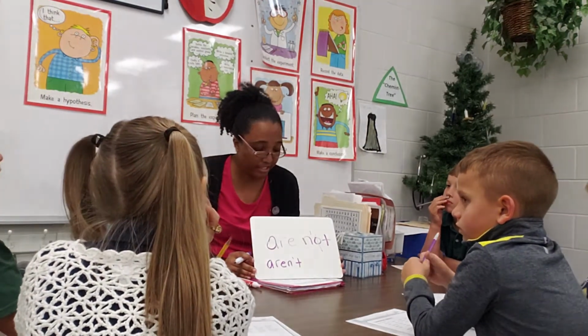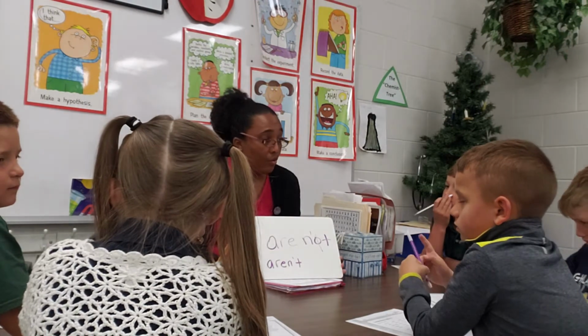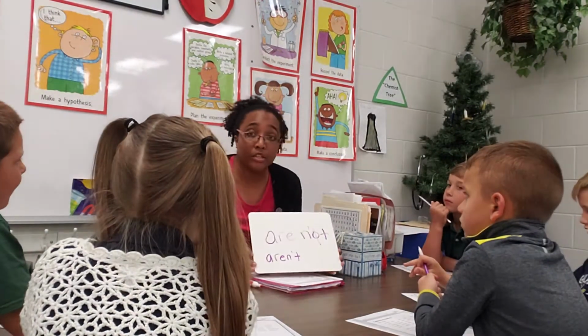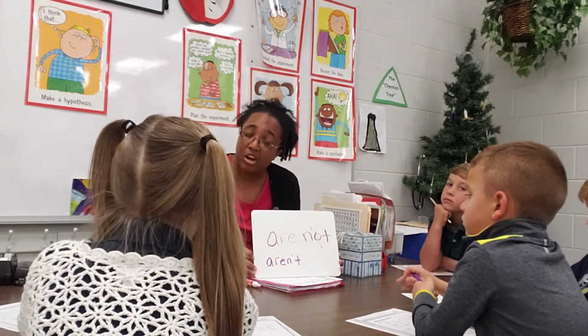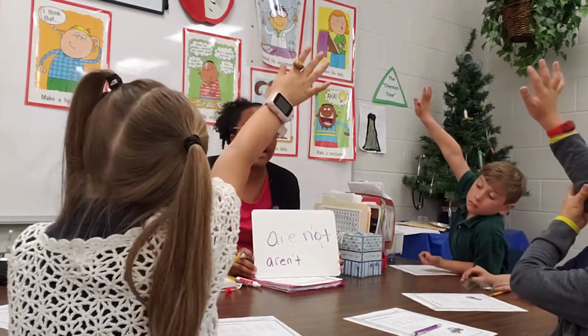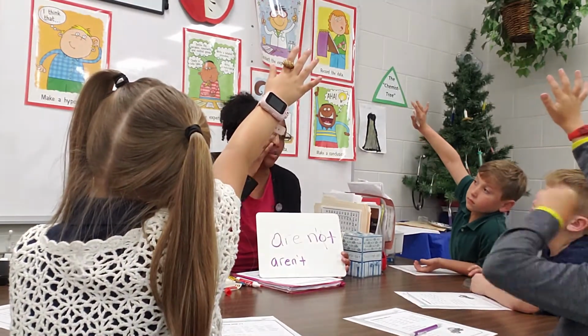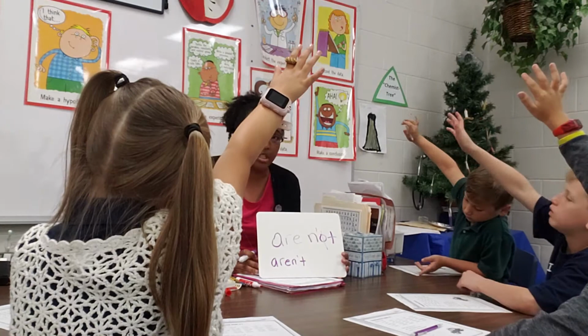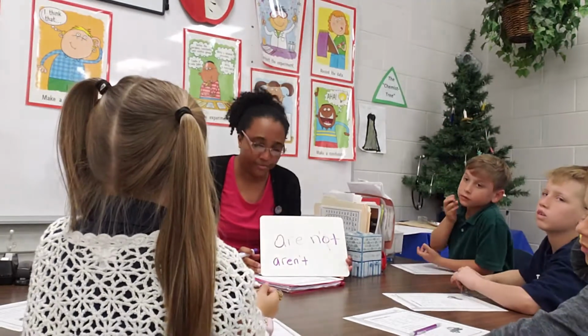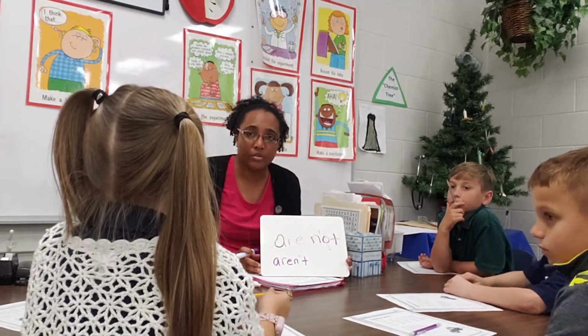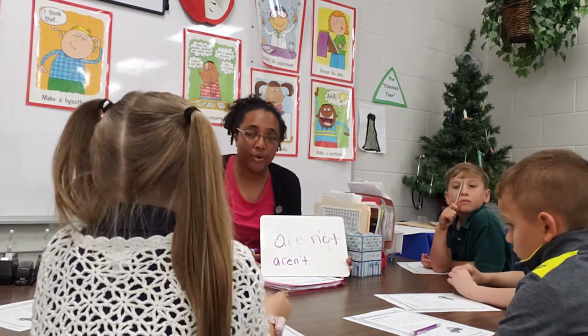So I'm going to tell you a sentence. We are not going to the play. How can I change that sentence into a sentence with a contraction? Brooke. We aren't going to the play.